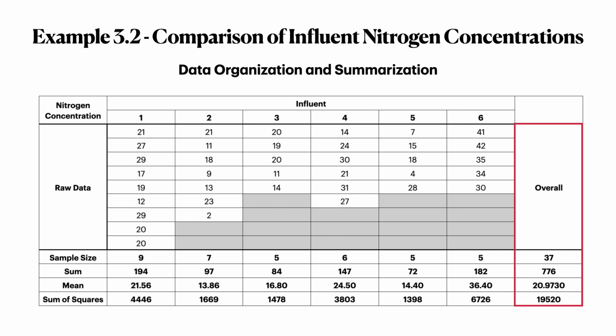And that gives us an overall mean of 20.9730. And finally, we have the overall or total sum of squares for all the observations in the data set, and that's equal to 19,520. Now we're going to be using these values in calculating the various sums of squares for the analysis of variance.